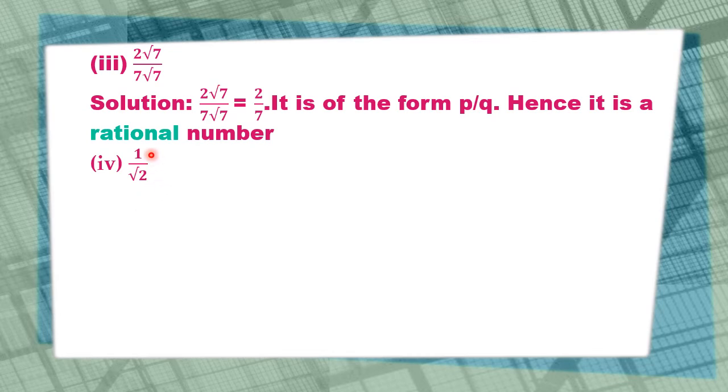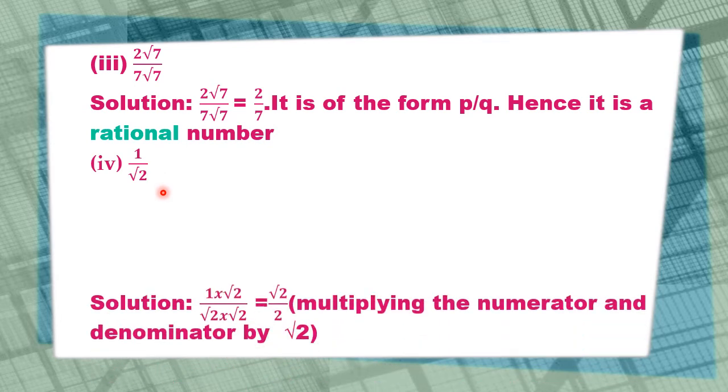I have once explained to you that we have to rationalize the denominator first. The first step is to rationalize the denominator. How did we do it previously? Just recall, we multiplied by root 2 both in numerator and denominator. It means we multiply by the same number both in numerator and denominator.